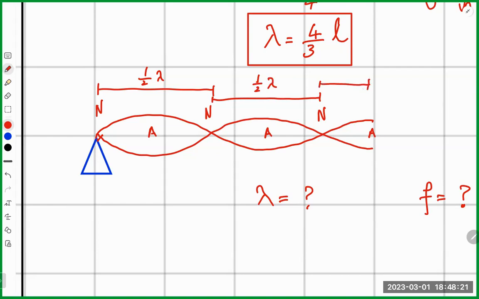From node to antinode, it is a quarter of a lambda. So L should be equal to 5/4 of lambda, which will make lambda equal to 4/5 L.